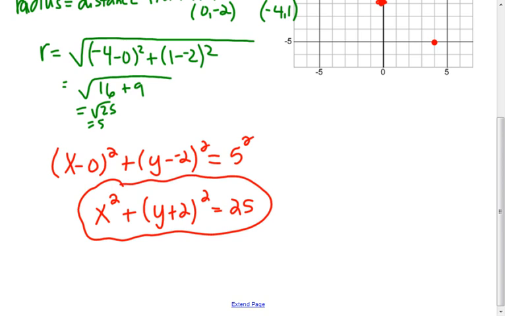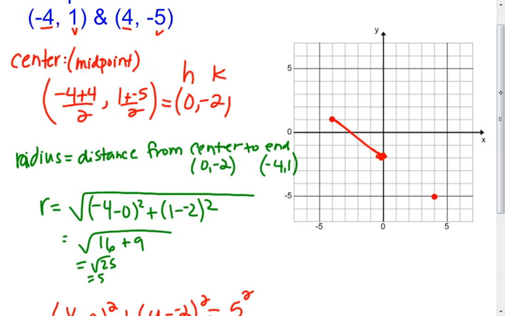So there's that one. So I'm going to go back and graph this circle a little bit more accurately. I have my center, and then, of course, I know my endpoints on my diameter, and so it will look something like that. Your radius, you'll go 5 this way, 5 this way, 5 any direction, basically.